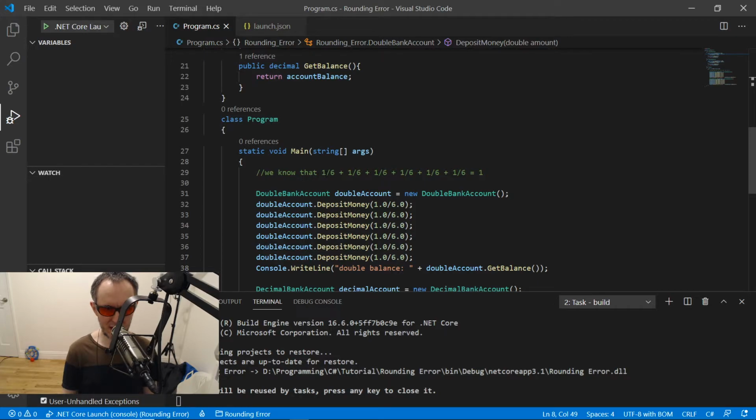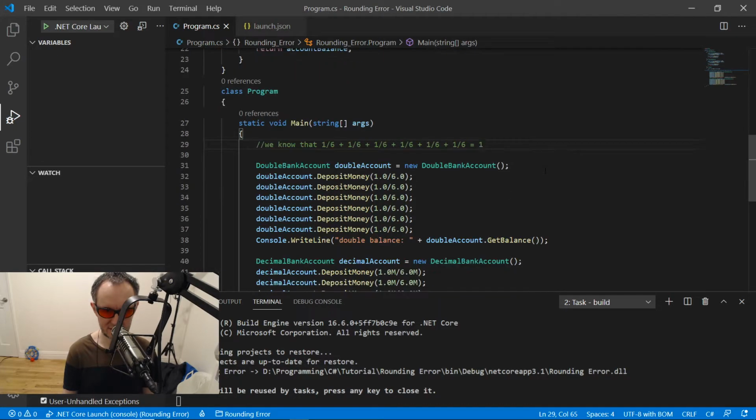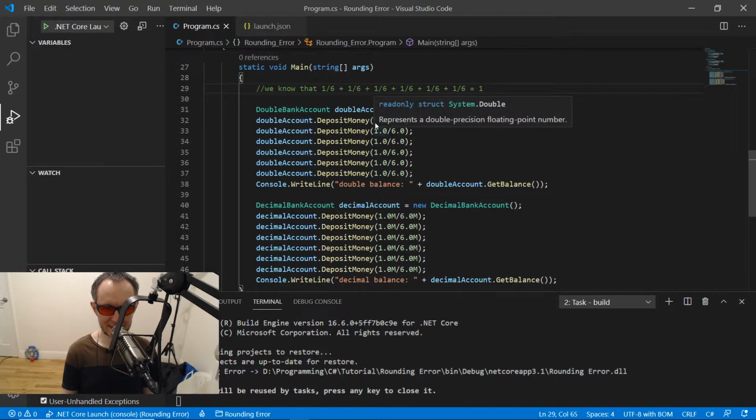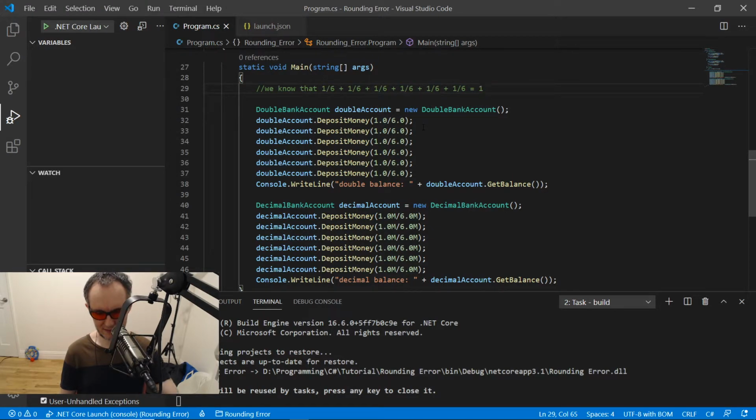We know that 1/6 plus 1/6 plus 1/6 plus 1/6 plus 1/6 plus 1/6 equals 1, right? So we're going to be depositing 1/6 6 times for both the double and decimal accounts. And then we're going to get balance from both of them and let's see what happens, right? So let's run this little program.